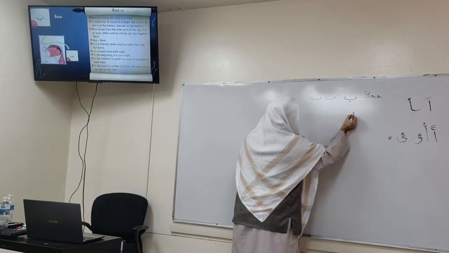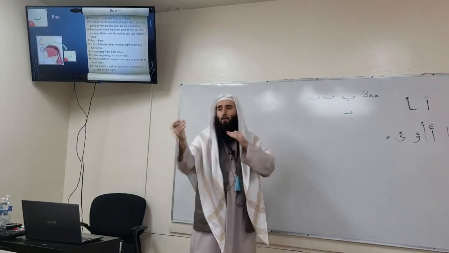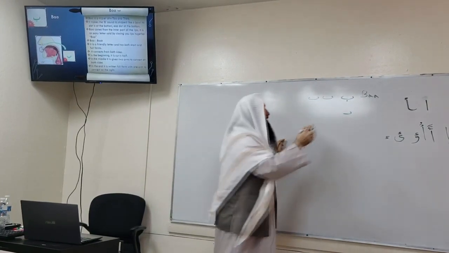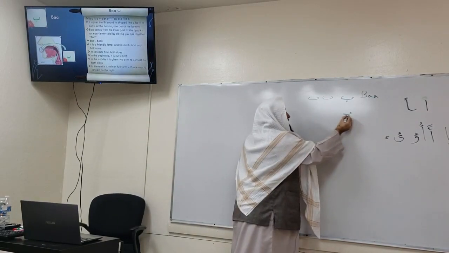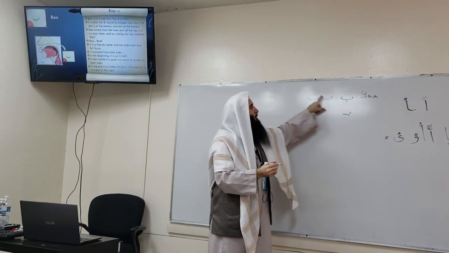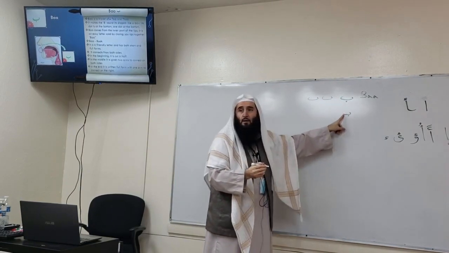Okay, let me give you a look at the beginning, for example. If I want to read the ba in the beginning, and we say the ba connects from both, usually the beginning is only supposed to connect on this side. So you see this is ba. One dot, you see the bowl shape is already gone. I cut it in half.